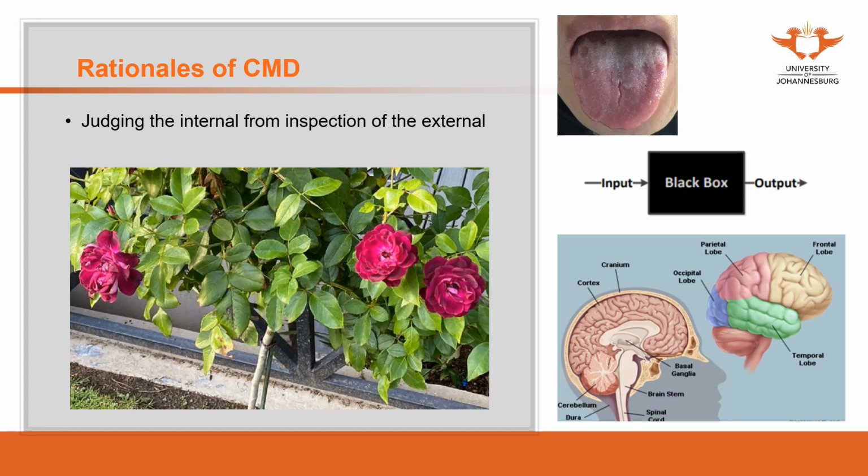And the reason how we can connect the external with the internal organs, that's the theories we studied in the basic theories, because there are connections between the internal and external, such as the lung links to the skin, the heart linked to the tongue. So that's the orifice of the internal organs. So that's how we can judge the internal from the external.